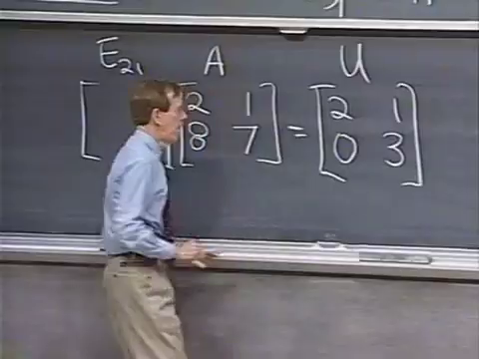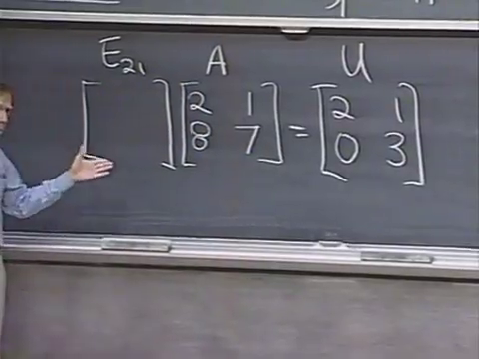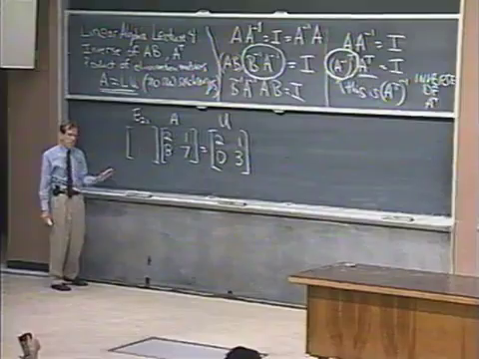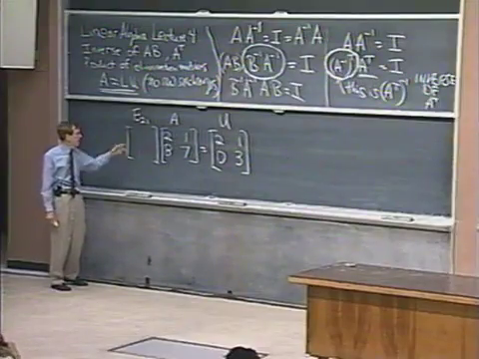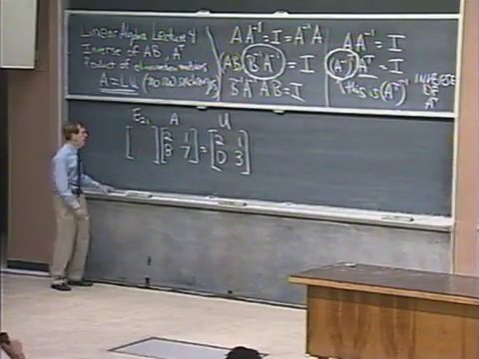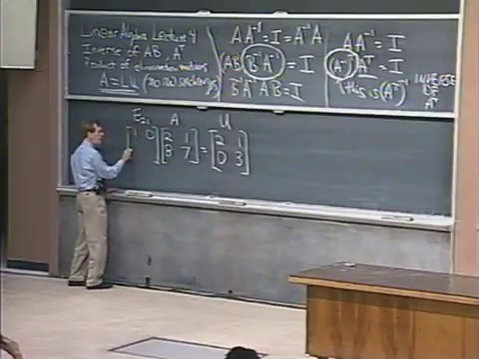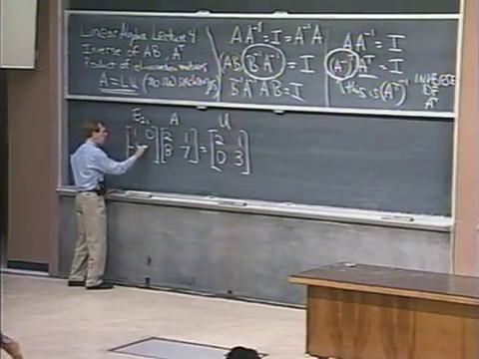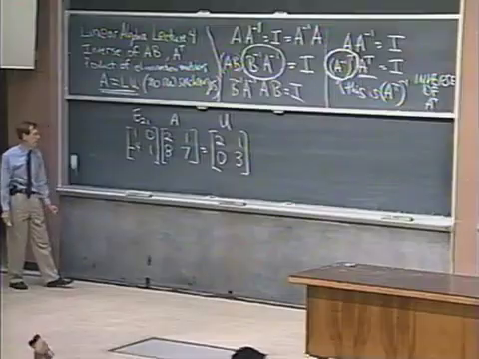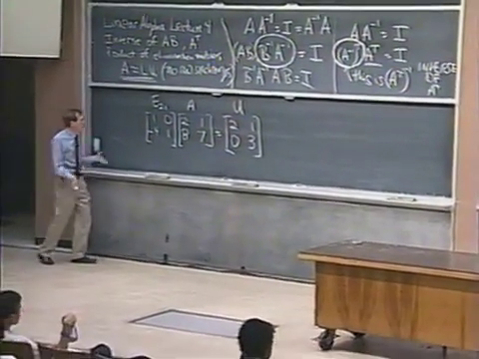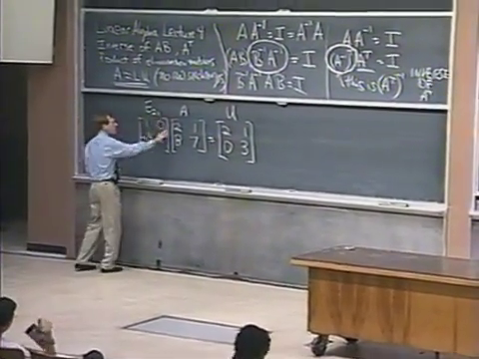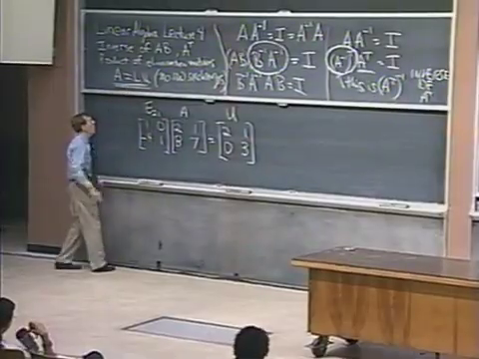And that's U. And what's the matrix that did it? Quick review then. What's the elimination elementary matrix E21? It's 1, 0, and negative 4, 1. Right. Good.